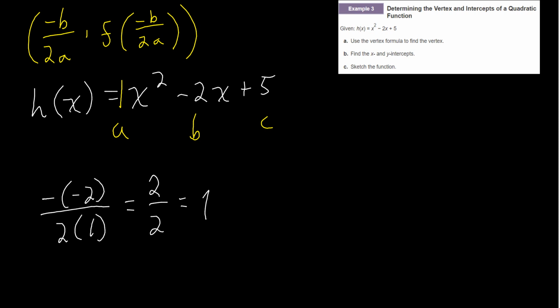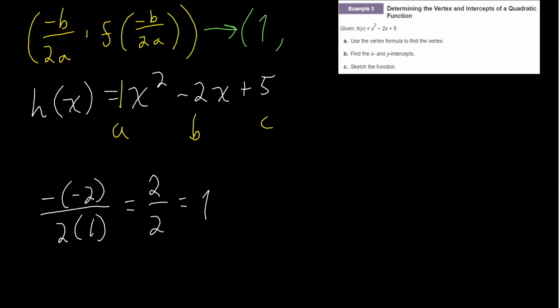This is negative b over 2a. So 1 is going to be in my x position. Let's put a little arrow here to point that out. And next we're going to do f of 1.